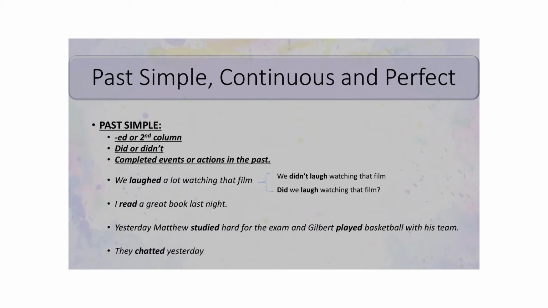Now, what happens with the letter Y? If we have this letter, remember that if the verb has a consonant before the Y, as in study, we will change the Y and instead we are going to use the I. But if we have a vowel before the Y, as it is the case here in play, we are going to simply add the ed after Y. So yesterday Matthew studied hard for the exam and Gilbert played basketball with his team.